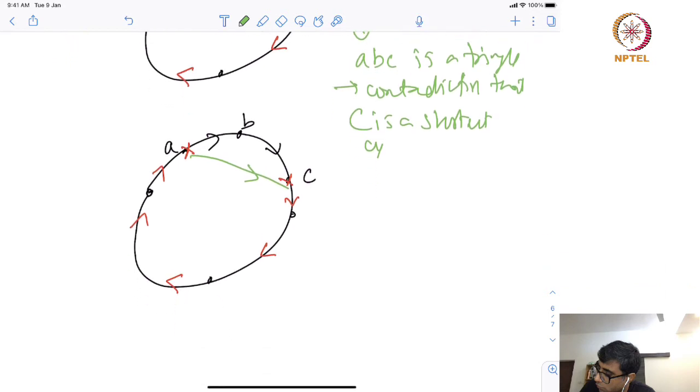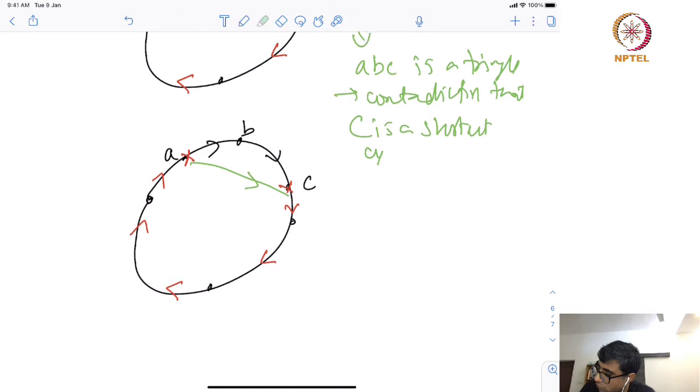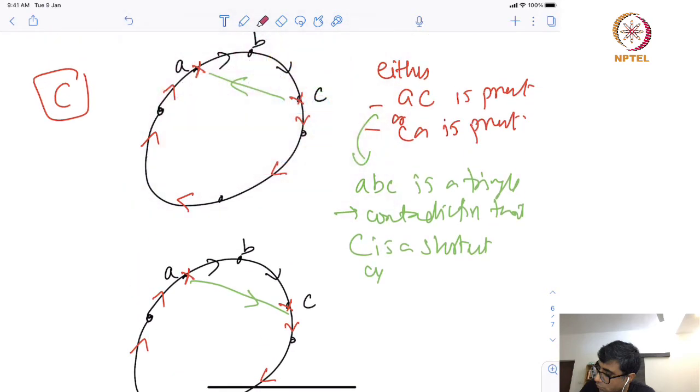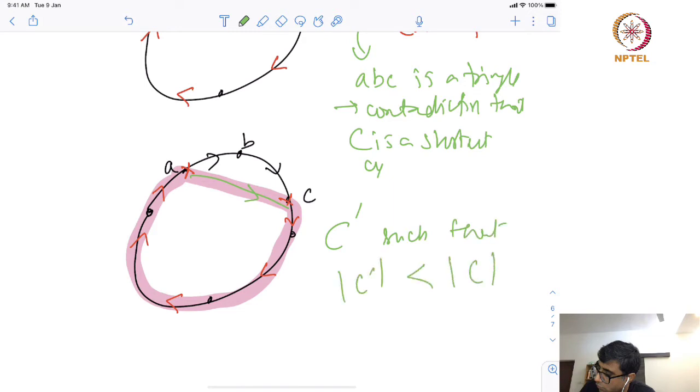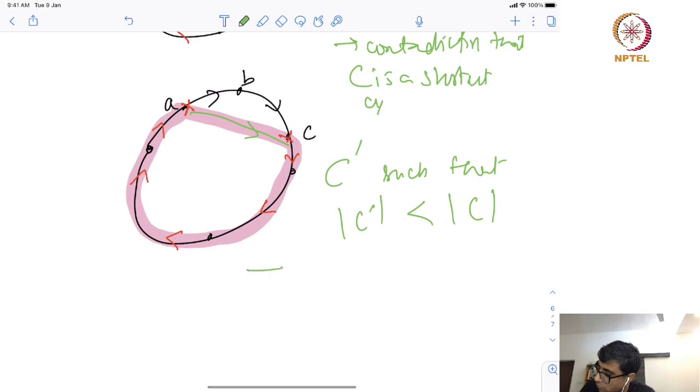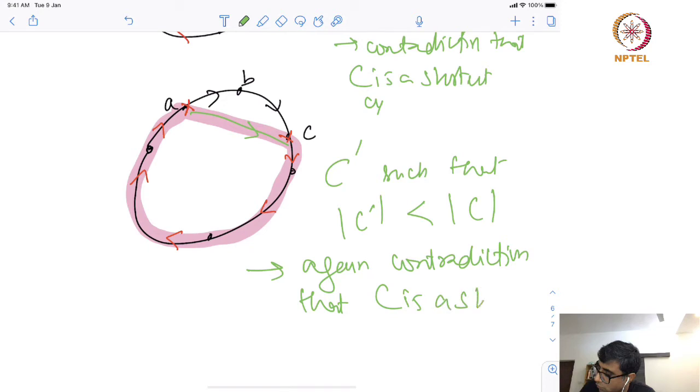Notice that besides this cycle C, we have got another cycle C prime such that the cardinality of C prime is less than the cardinality of C. Again a contradiction, since C is a shortest cycle.